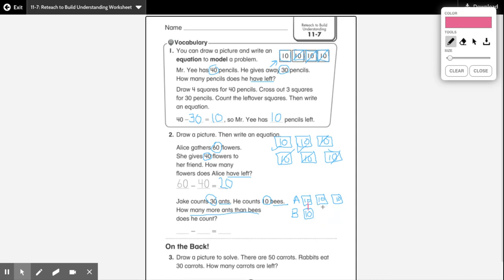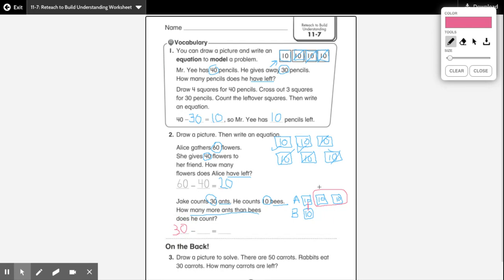So how many more ants than bees does he count? How many more ants do we have? If you said 20, then you're correct. Nice job. All right, so now let's plug in our numbers to this equation. We started off with 30 ants. So 30 is first.